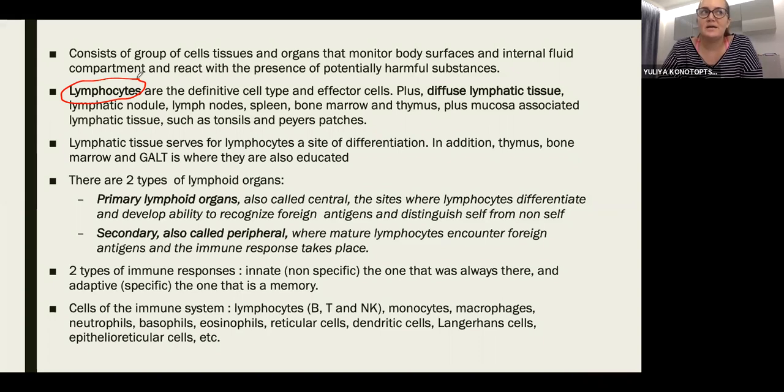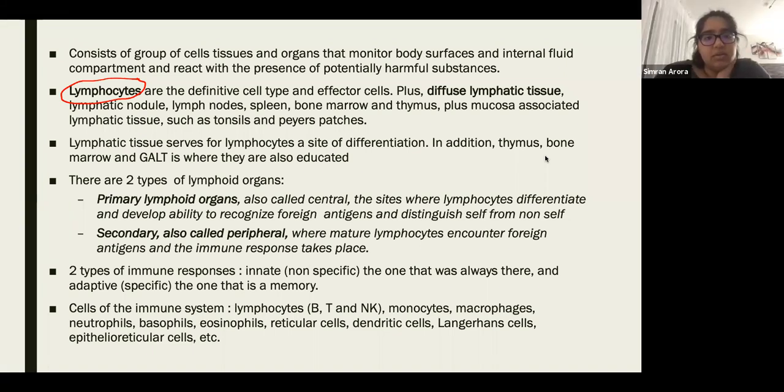But last semester in histology, we touched on lymphatic vessels, right? Maybe you remember, what is the job of lymphatic vessels? What do they do? They carry the tissue fluid? Very good.